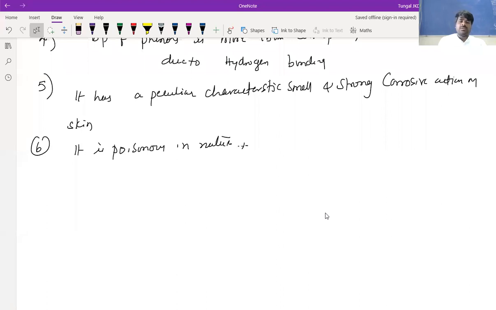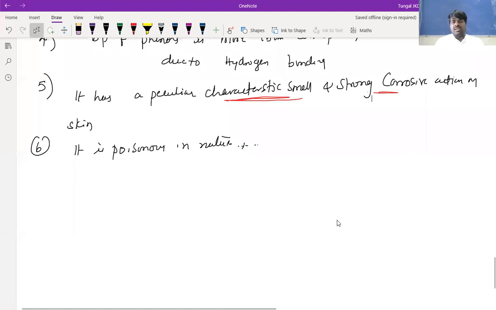So these are some of the important physical properties. It has a specific color and a specific smell, very characteristic of phenol, which we call phenolic smell, and it has strong corrosive action. If skin comes in contact with phenol, it will disintegrate or degrade it. That is the meaning of corrosive nature, and it is poisonous.